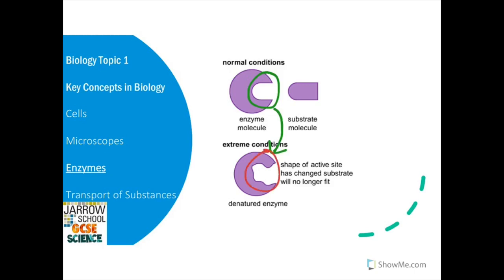And that means that the substrate will no longer fit into the active site of the denatured enzyme. So that means that the denatured enzyme will no longer be able to do its job. So it won't be able to break down the starch into glucose, or it won't be able to build up amino acids into new proteins, because enzymes can do both things. They can break things up and build new molecules.